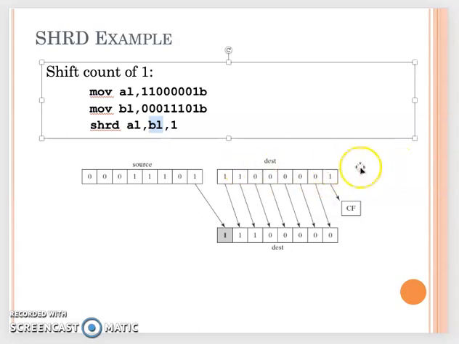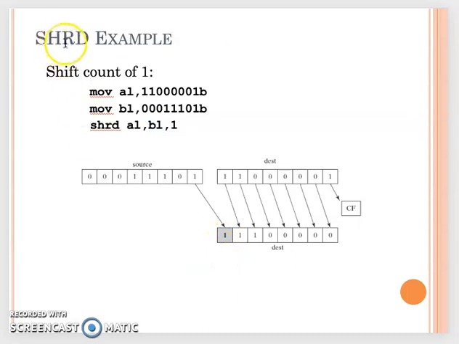When I shift to the right, the least significant bit goes first, I move it to the carry flag, each one I move. Then my most significant bit opens up. When it opens up, the source's least significant bit is copied over to the open value.